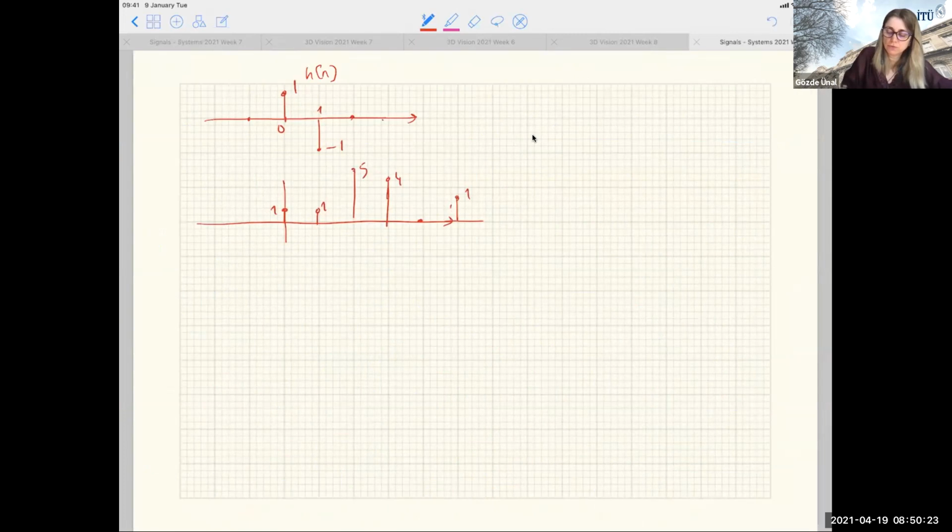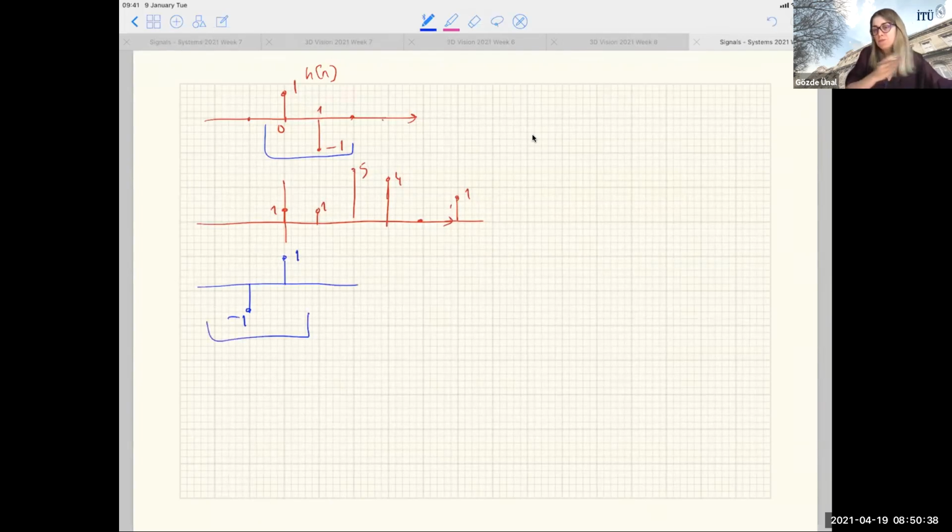What we were doing was take this guy, flip it. So I have to flip it. It's going to come here as -1, 1, for instance, right? And this guy will shift over the input signal. So this was x of n. And then we multiply and sum it up.